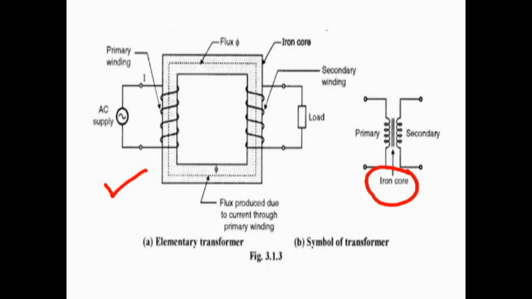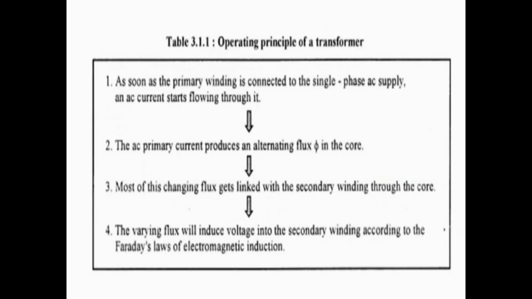So guys, you can see, as soon as the primary winding is connected to the single phase AC supply, and AC current starts flowing through it, the AC primary current produces an alternating flux in the core.